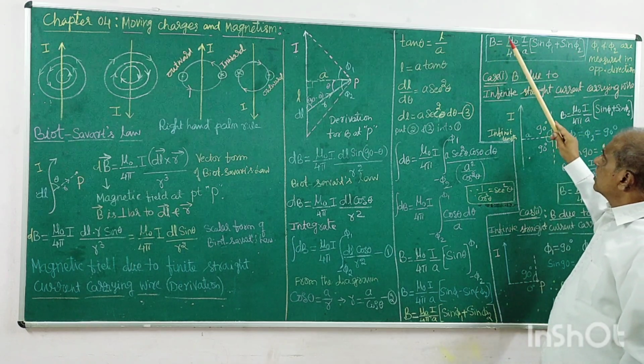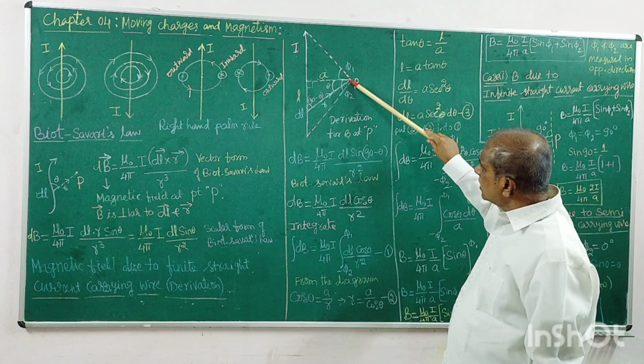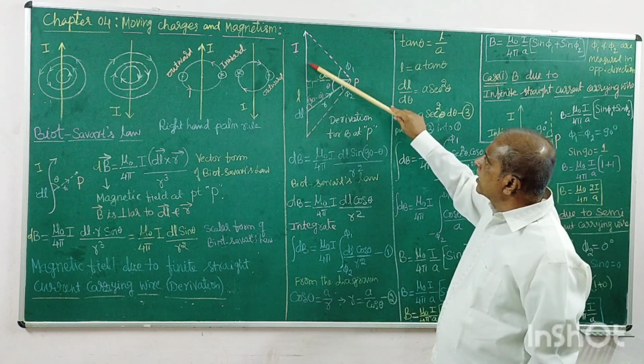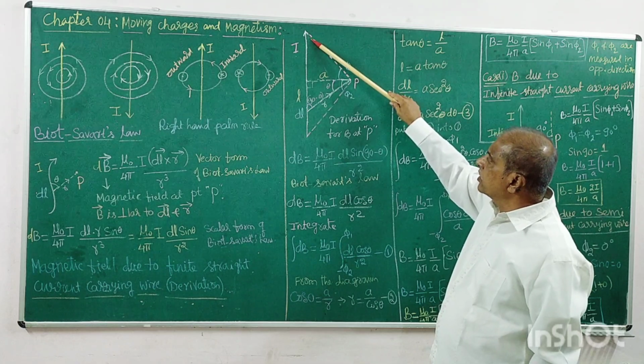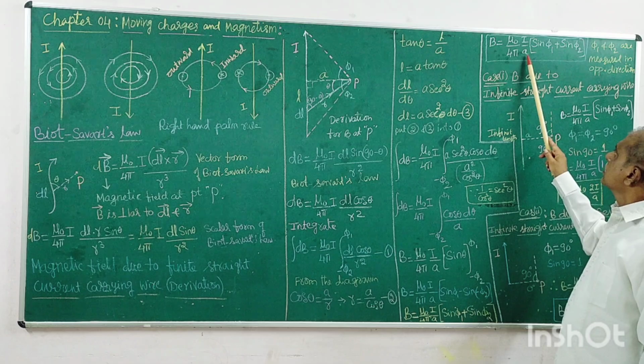So B is the amount of magnetic field at this point due to this current carrying conductor having a finite length L, with I divided by a.